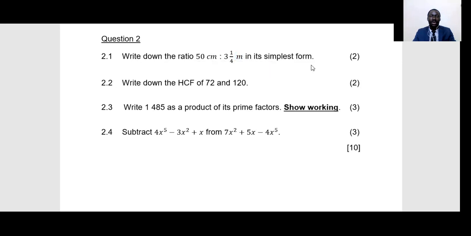So what do we do? Well, the right way of ensuring they are in the same unit is to convert these meters into centimeters. And what relationship do we have? Well, we know that 1 meter is 100 centimeters.